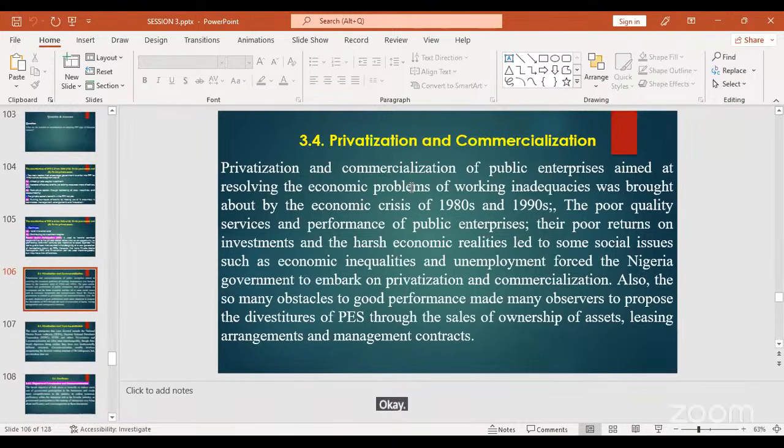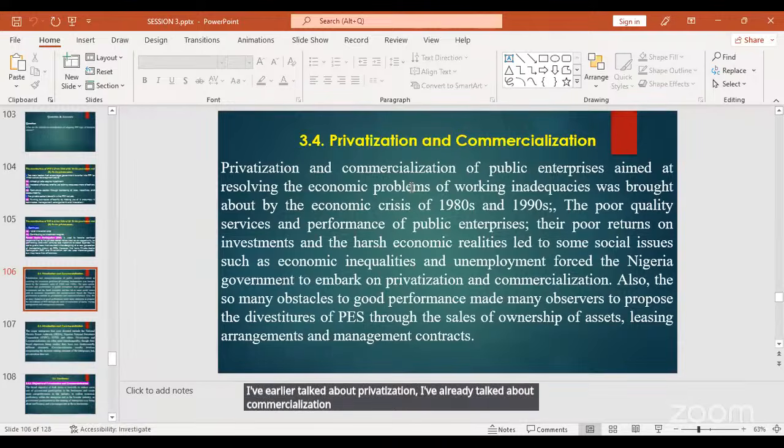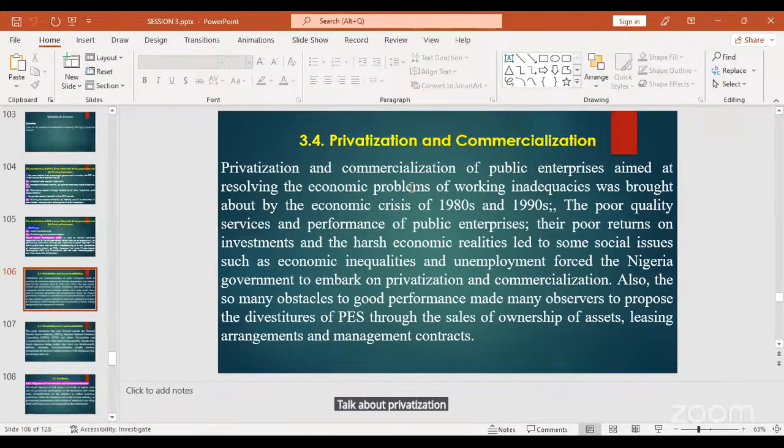I've earlier talked about privatization. I've earlier talked about commercialization. Privatization is the process where government decided, okay, we exit ownership of this business, we transfer the ownership to private individuals. When that takes place, we call it privatization.